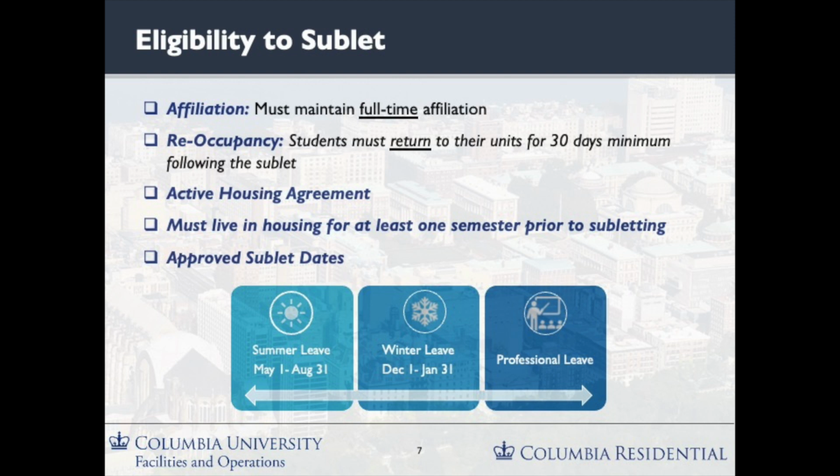We also require a reoccupancy. So this means that residents must return to their unit, and this is specifically students again, for 30 days at the end of their agreement. And so this is to make sure that, if you're going to move out and not planning to return, what we would like is for you to return the unit to us so then we can rent it out to another student who needs housing.